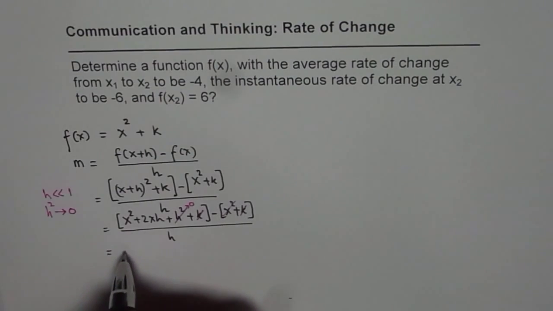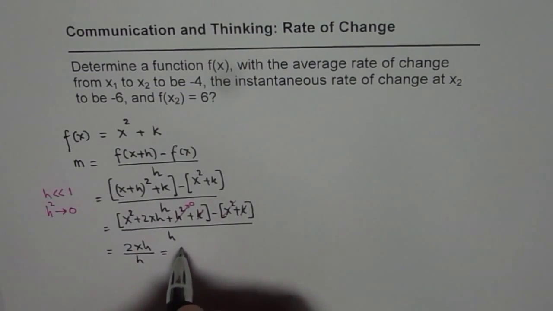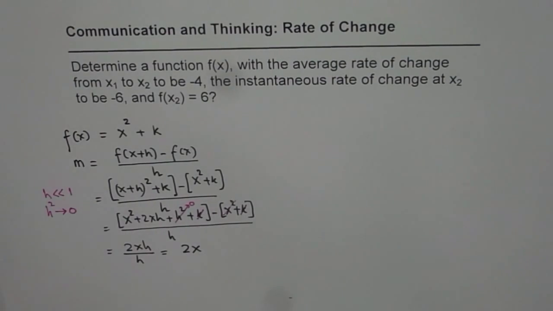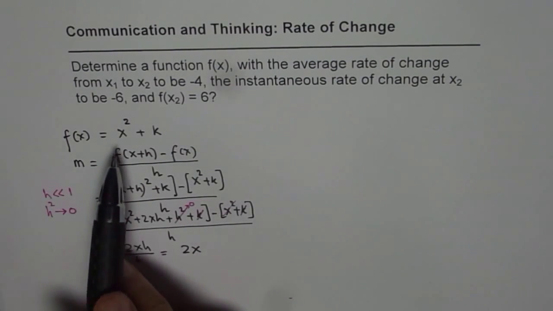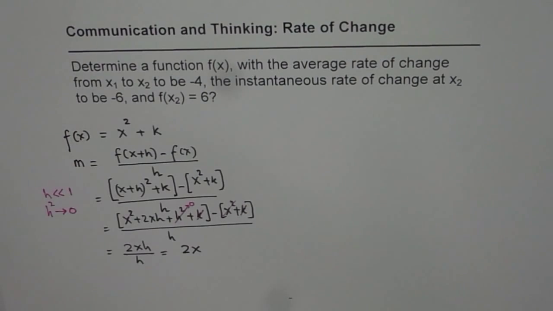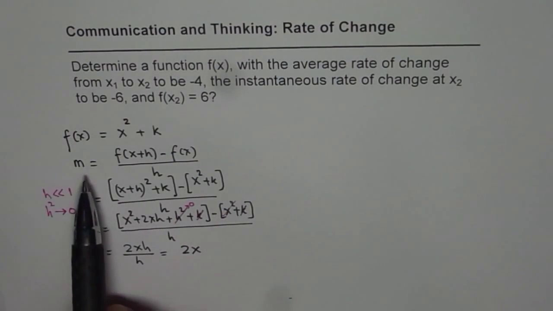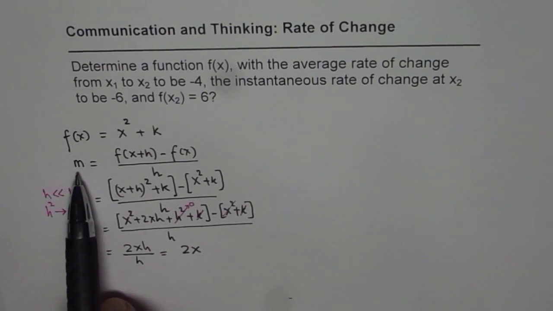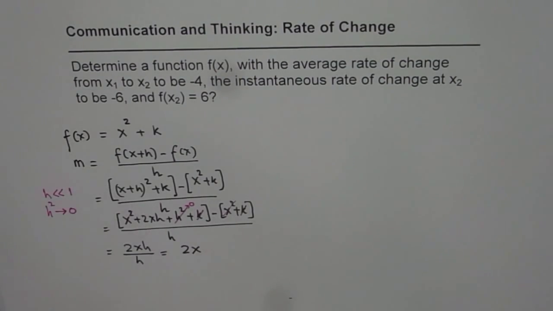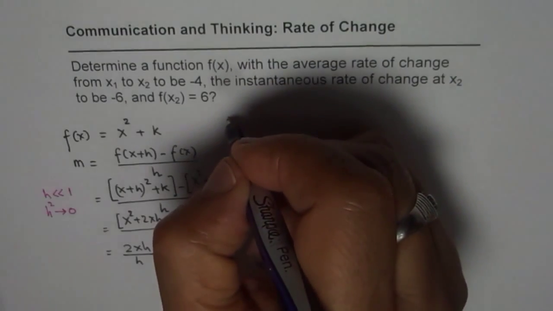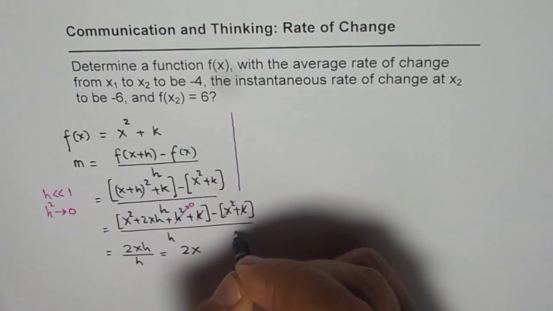We are left with 2xh over h, which equals 2 times x. So at any point on this parabola, the instantaneous rate of change will be 2 times the x value, right? So this is what we now know from the calculations we have done.